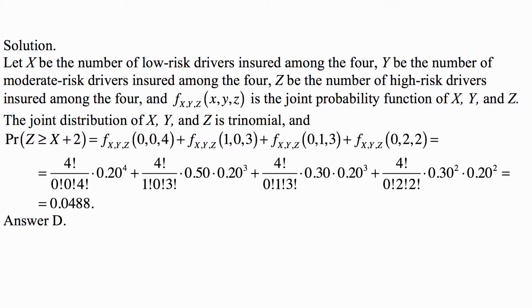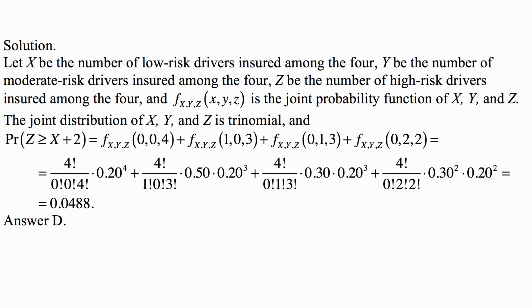That's 4 factorial divided by 0 factorial times 0 factorial times 4 factorial, times 0.20 to the 4th. And this is more or less a direct generalization of the binomial distribution that you should know, but you should know the trinomial distribution for the test. That's why this problem is here.